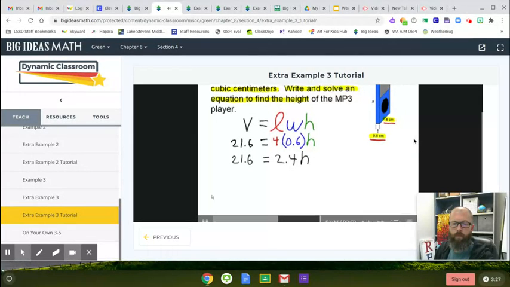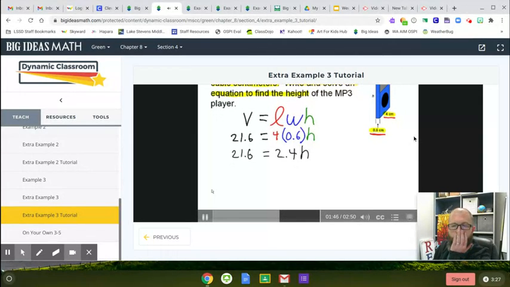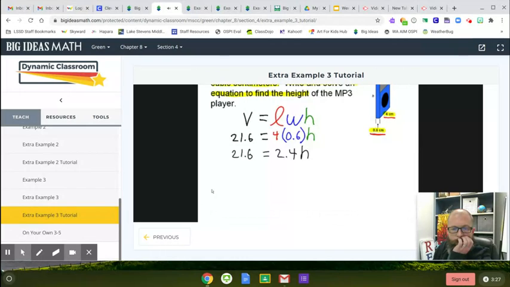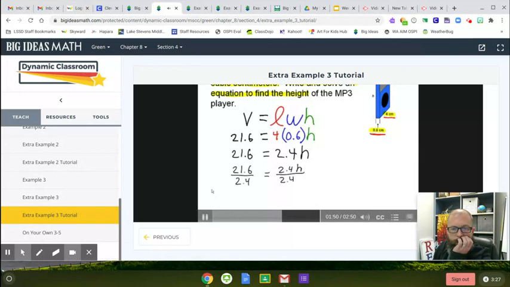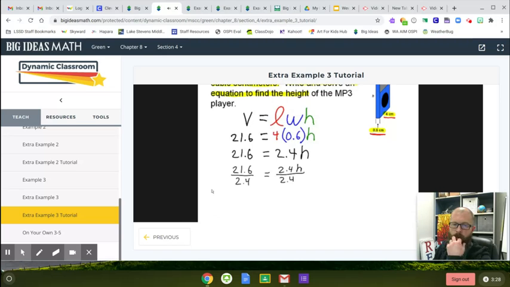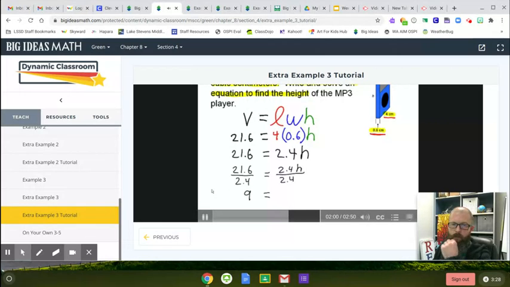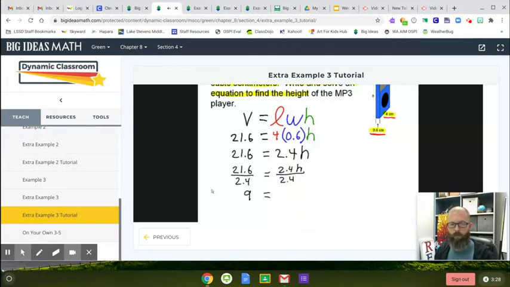If you divide 21 and 6/10 by 2 4/10, you find that the answer is 9. And then when you divide 2 4/10 by 2 4/10, you get 1. That's the whole reason we're dividing by 2 4/10. So we can say that it's 1h, or simply h. Now we know our answer to the problem. The height is 9 centimeters.